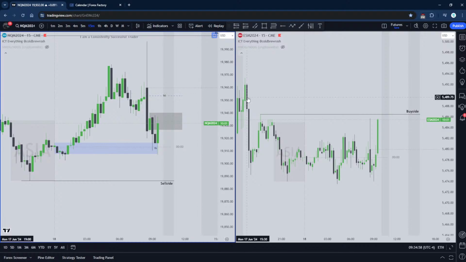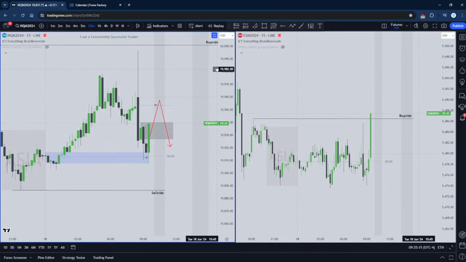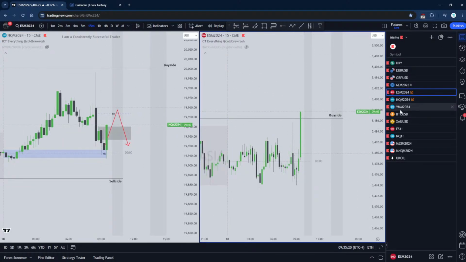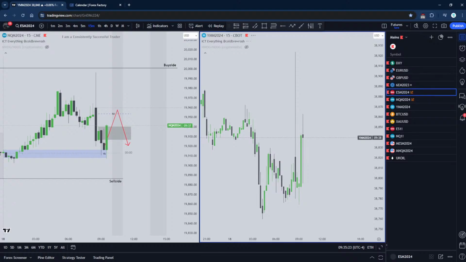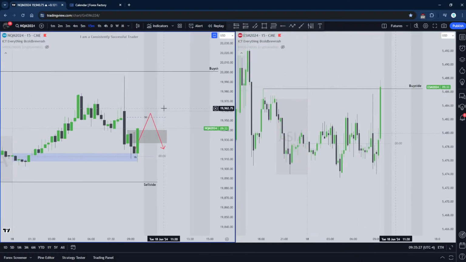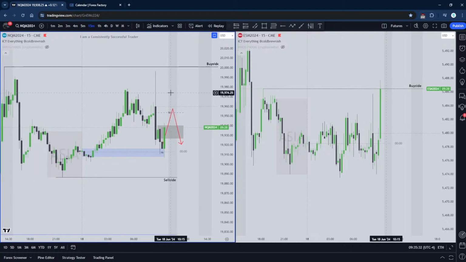Is the question, is ES gonna tag this buy side at the same time NQ seeks 50%, giving us our SMT manipulation of the accumulation to go lower, or is this gonna confirm with continued power, especially on YM as well, to signify that reversal? Because I'm not 100% convinced just yet.